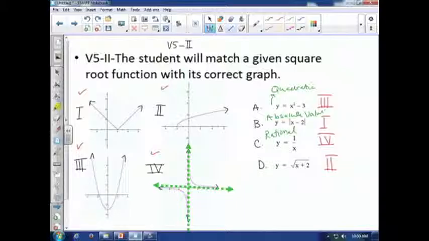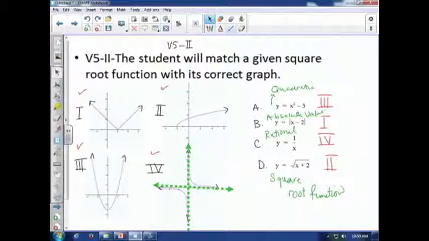And this is a square root function. And I'm sure there are more graphs and symbolic forms of other kinds of functions that you need to be familiar with, but it's really important to know how the graph looks for all of these kinds of functions. See you next time.